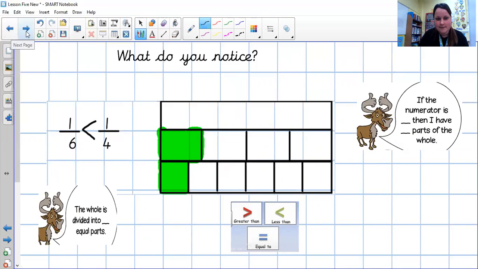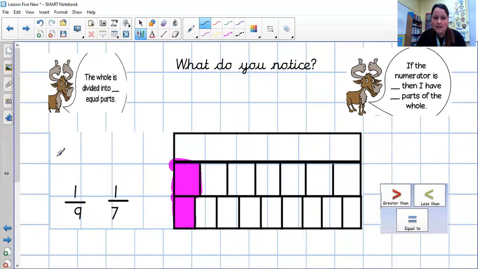Okay, let's have a look at another example. So this time I've got 1/9 and 1/7. So again, I've got my whole. In the first example, I've divided my whole into 7 equal parts. 1, 2, 3, 4, 5, 6, 7. And I am interested in 1 equal part of the whole, as my numerator is 1.